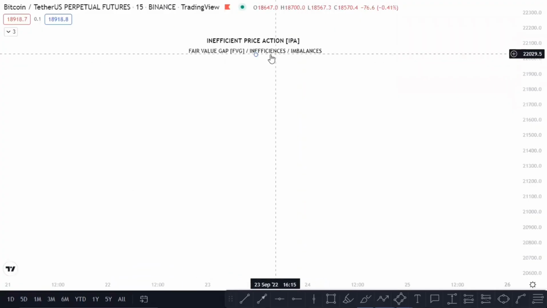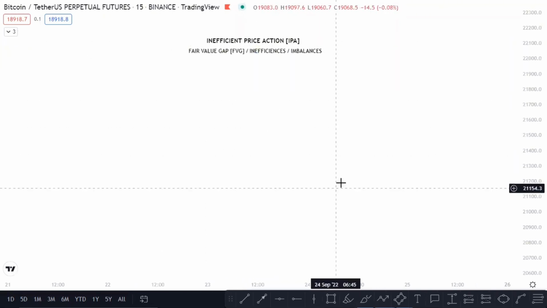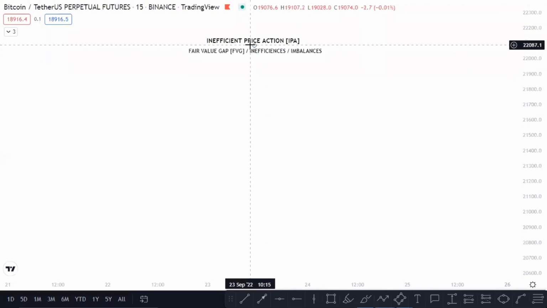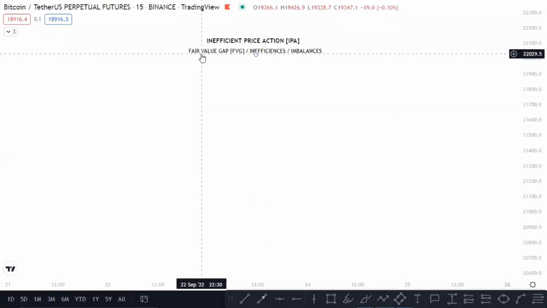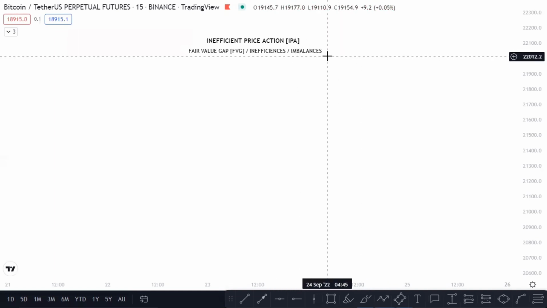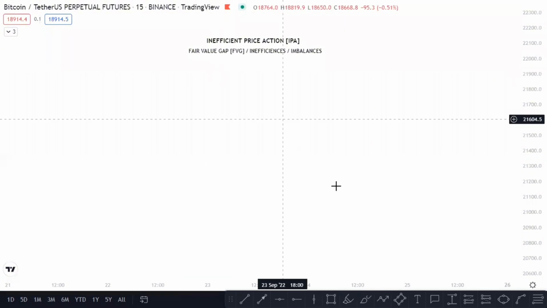Let's get started. When it comes to price inefficiency, we tend to see things like fair value gap, inefficiency, and imbalances, when you see inefficient price action.